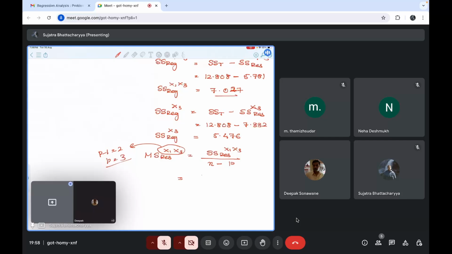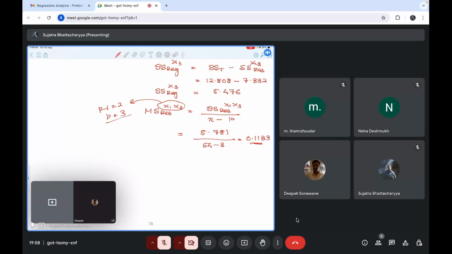So SS residual is 5.781 divided by 54 minus 3, which comes out to be 0.113. Now you just have to put it in: F of 1 given 3 will be 7.027 minus 5.476 divided by 0.113. This comes out to be 13.6. So this is how you have to solve it.